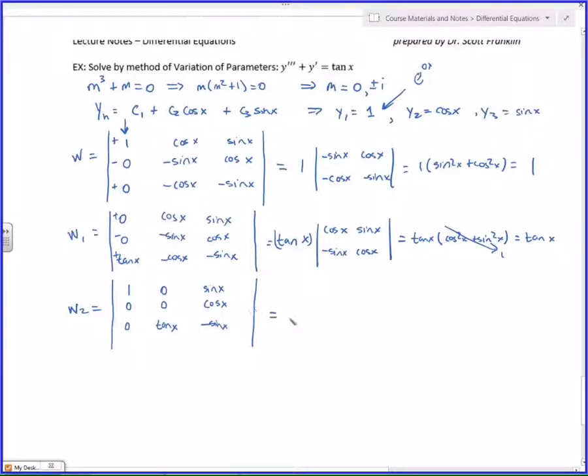I get 1 times the determinant of 0, cosine, tangent, negative sine, which actually just gives me a negative tangent of x times cosine of x. All right, 1 times this determinant here, which is just that. And by the way, the cosines cancel since tangent is sine over cosine. You just get a negative sine x for W2.